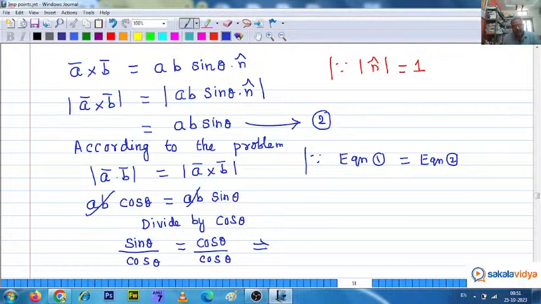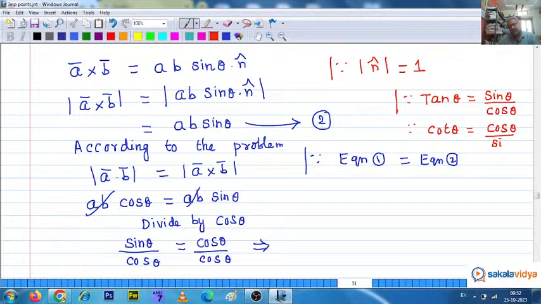So that implies, from trigonometry, my dear students, remember tan theta can be expressed in terms of sin and cos. Tan theta is sin theta by cos theta. If you need cot theta also, cot theta in terms of sin and cos we can express, that is cos theta by sin theta.